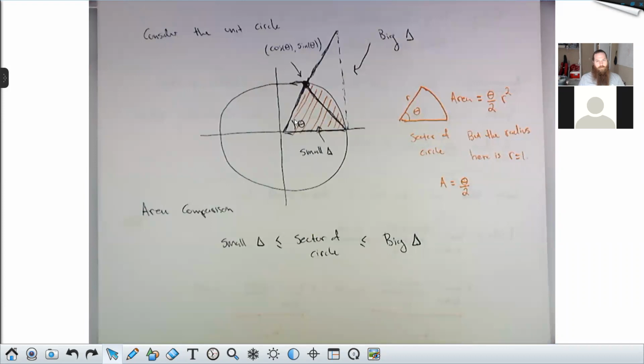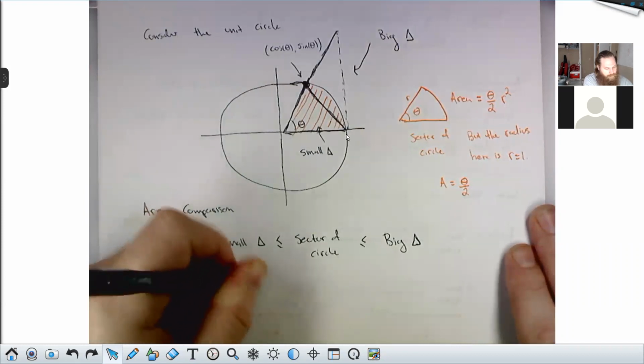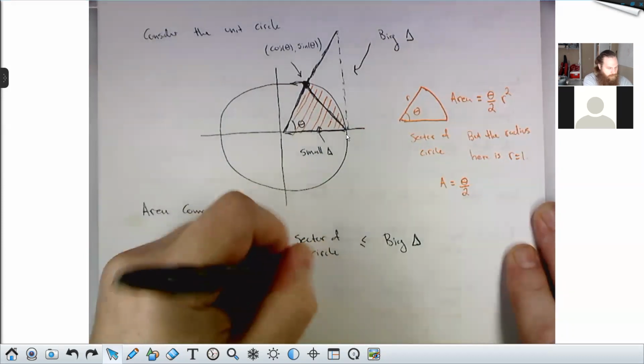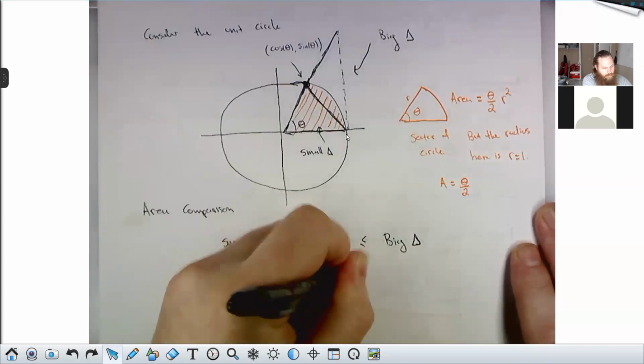So the area of the small triangle here is 1/2 base times height. The base is a radius. And this we said is less than, I'll write it all in, theta over 2 times r squared.